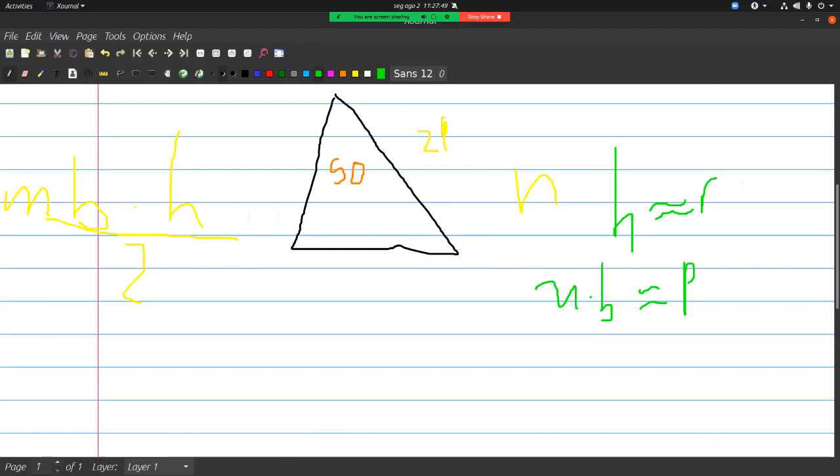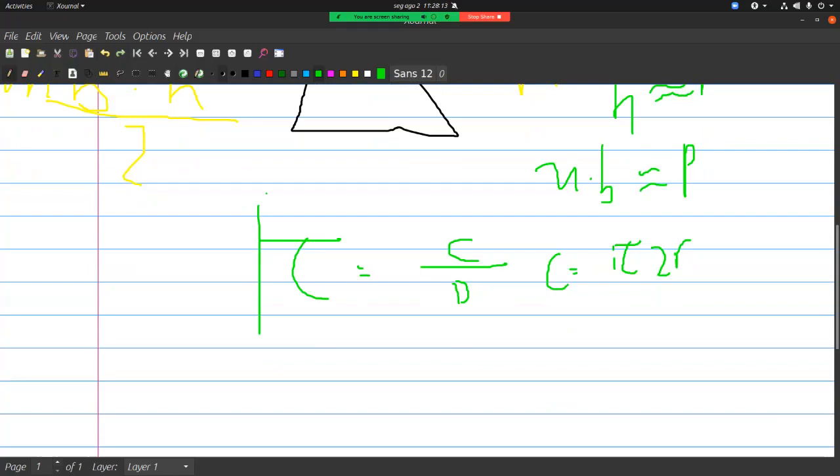And what is the perimeter of a circle? It's the circumference. We know that pi is equal to the circumference over the diameter, so the circumference is equal to pi d, and d is the same thing as 2r. Rearranging, 2 pi r.